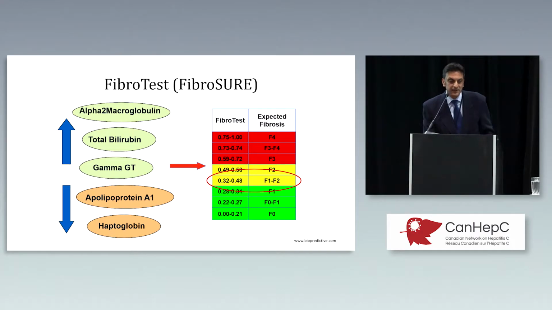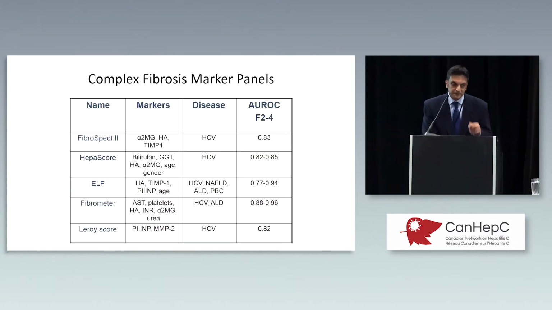But again, you can see, if you've got a score of somewhere between 0.32 and 0.48, you're F1 to F2. And in those days, the threshold for treatment with interferon therapy was F2. So you're kind of stuck doing biopsies again in these indeterminate cases, even with Fibro test.